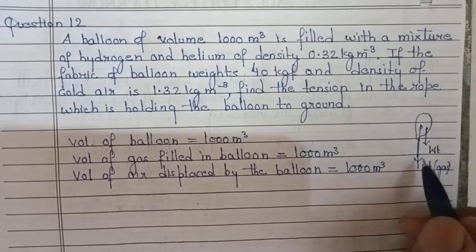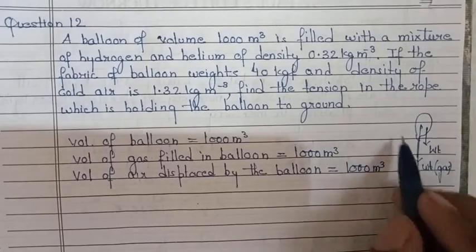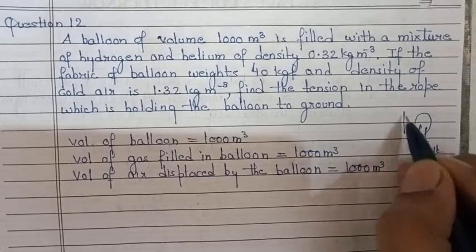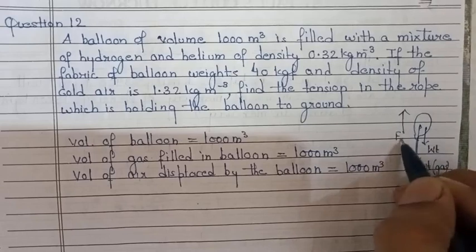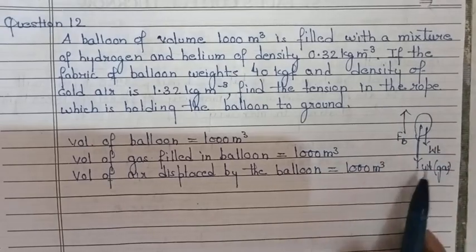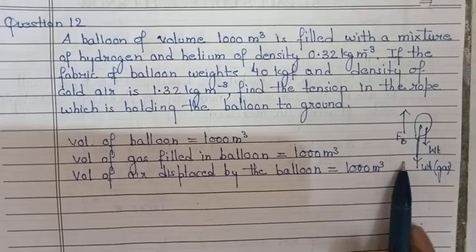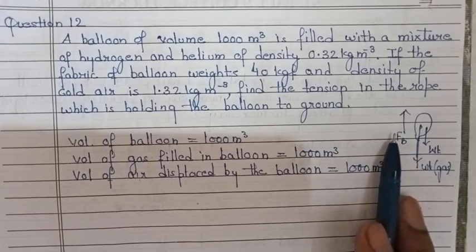And the third force which will be acting on the balloon will be the upthrust. It is kept in air, so air will exert upthrust. So altogether you can see three forces are acting on the balloon. Two forces are in the downward direction and one is in the upward direction.